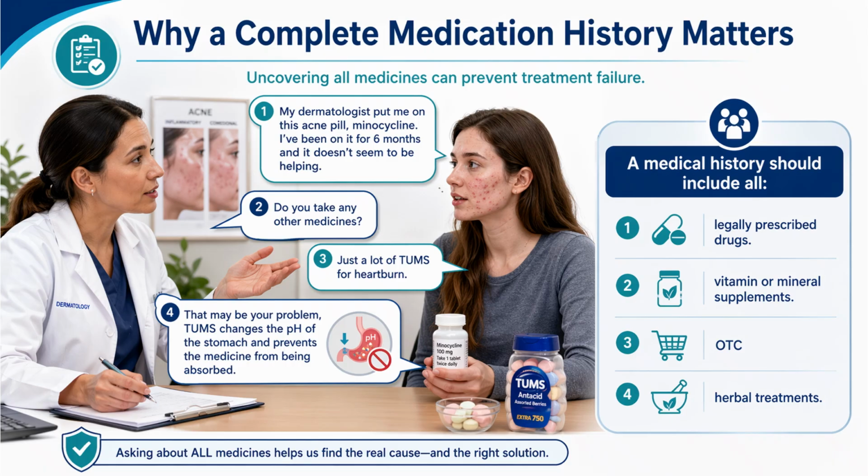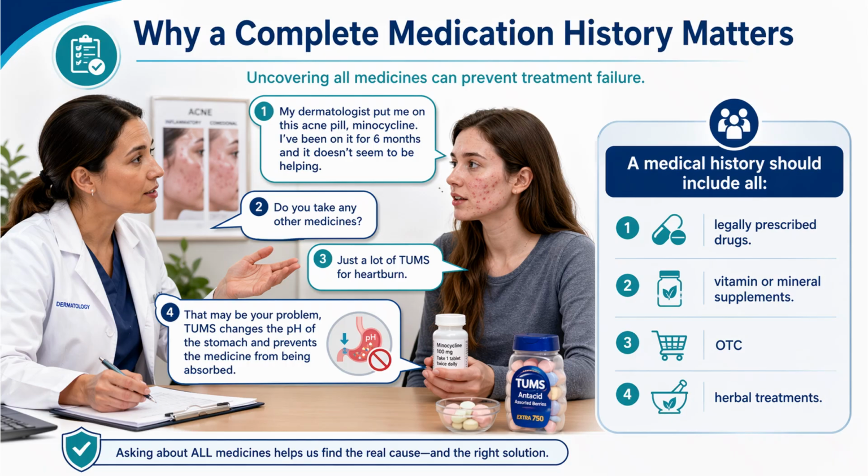One of the first questions we might want to ask is not only what the prescription drug is, but maybe what other things they're taking: over-the-counter products, vitamins, supplements, herbal products. And in this example, something as simple as taking antacids like Tums can completely change the body environment. In fact, enough to impair absorption.